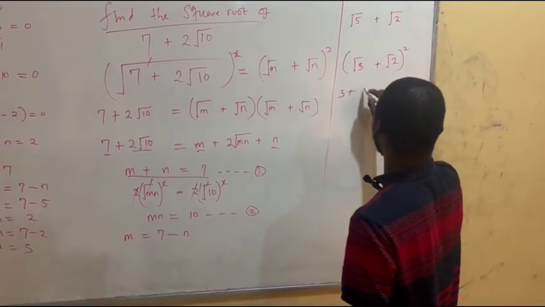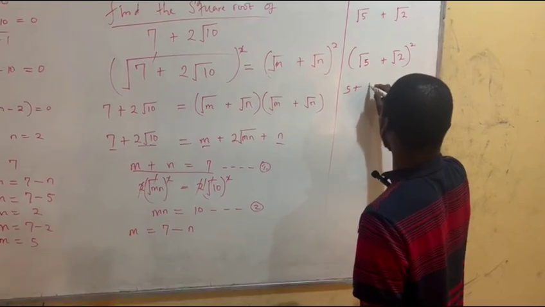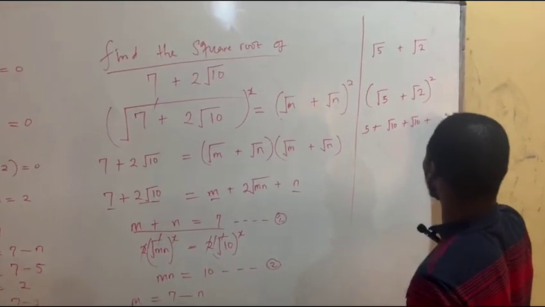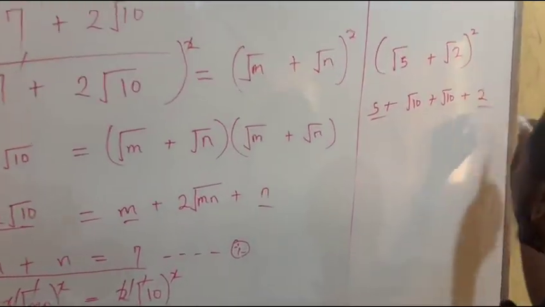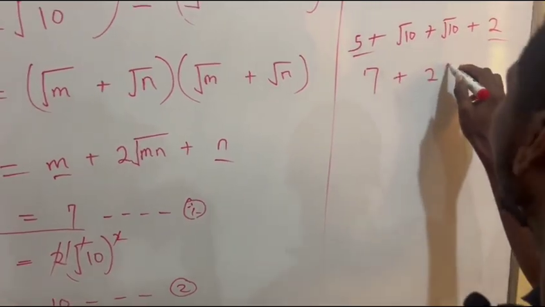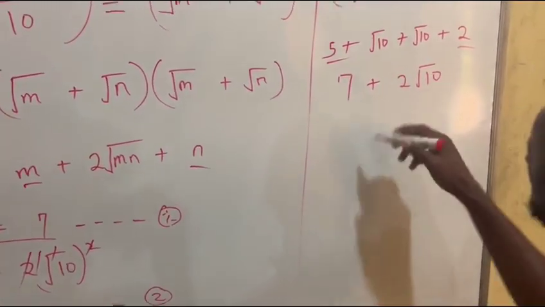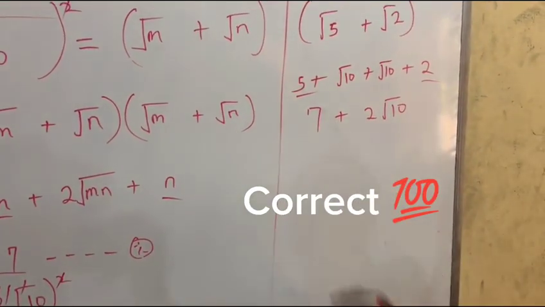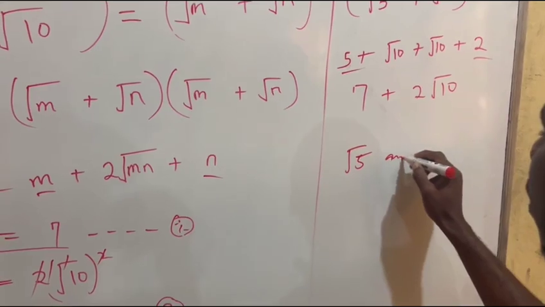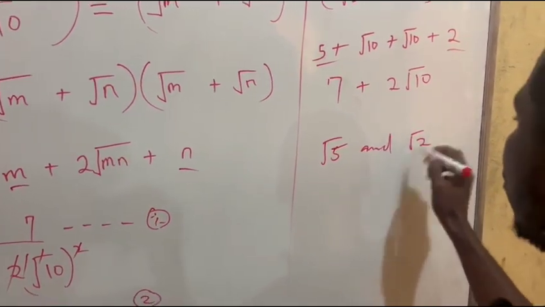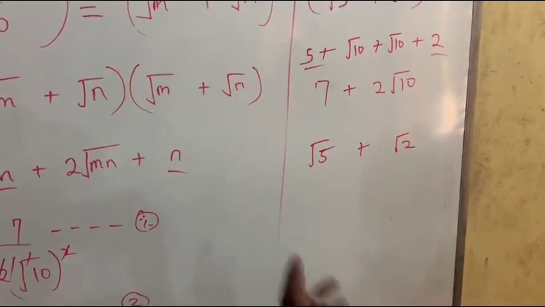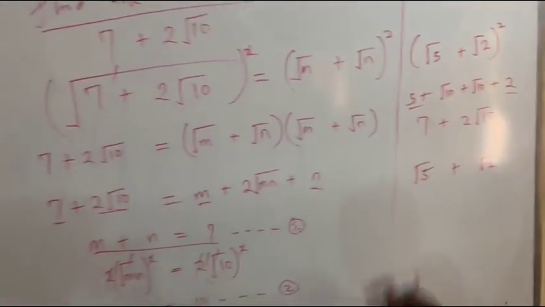We are going to have root 10 plus root 10 plus 2. 5 plus 2 will give us 7, plus root 10 plus root 10 will give us 2 root 10. So the answer to this question is square root of 5 plus square root of 2, which is the value of the square root of 7 plus 2 root 10.